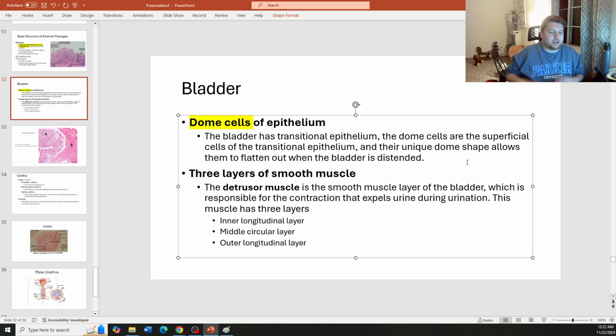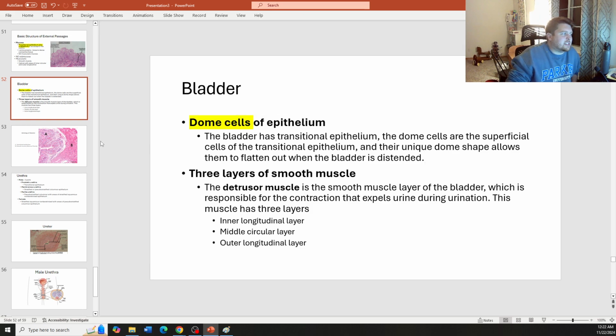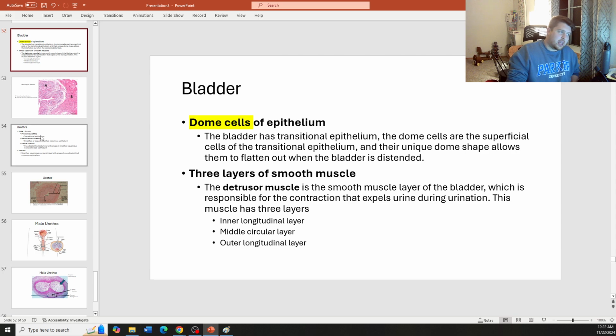So the bladder is originally really small, and then as it fills, it has the outermost layer of epithelial cells. They look like little domes. As the bladder fills, it stretches, and the domes go flat. And then once the bladder empties, they turn back into dome-shaped. So that makes the bladder very unique.